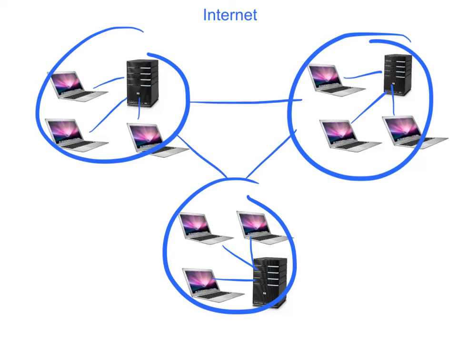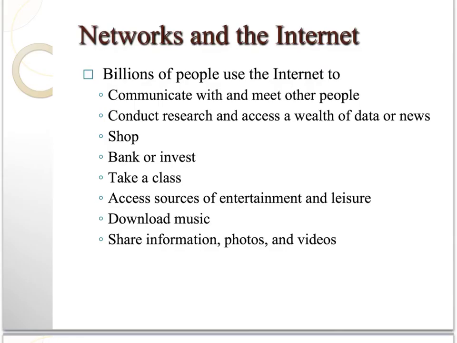The World Wide Web and email are two of the more popular components of the internet. We use the internet for many reasons, mainly sharing information. We use it for shopping now, taking online classes, doing our banking nowadays. Many people in your generation are downloading lots of music online and posting pictures and videos on social media.